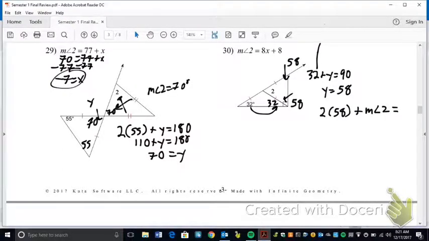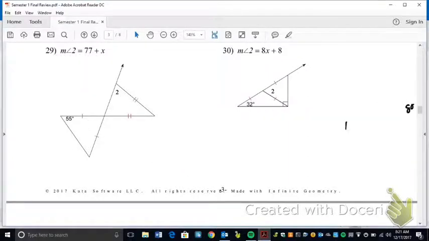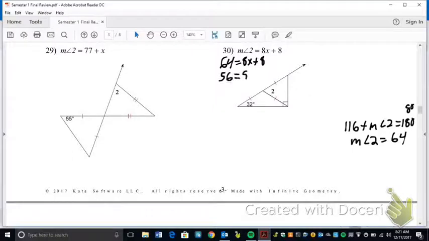So 2 times 58 plus the measure of angle 2 equals 180. Oh, she erased everything. Good job, snake. 116 plus the measure of angle 2 equals 180. The measure of angle 2 then equals 64. 64 equals 8x plus 8. Subtract 8 from both sides, we get 56 equals 8x, or x equals 7.